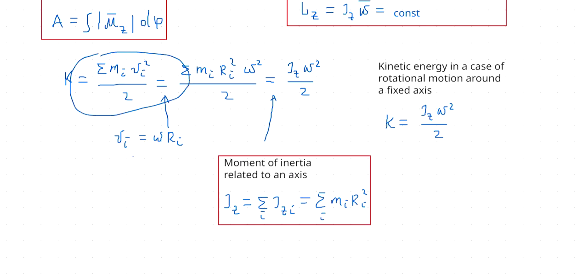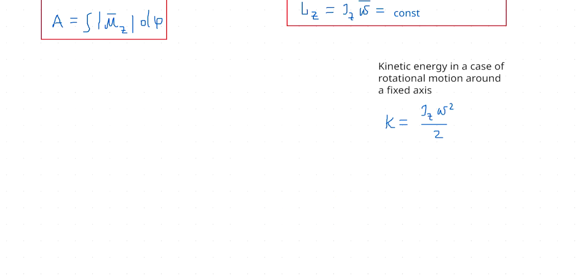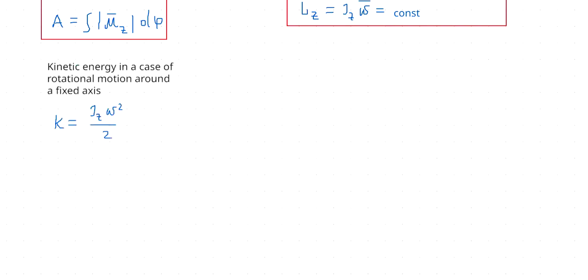So this is a useful formula, and it is also ready to use for us. And as the last for today is kinetic energy of rigid body in planar motion.